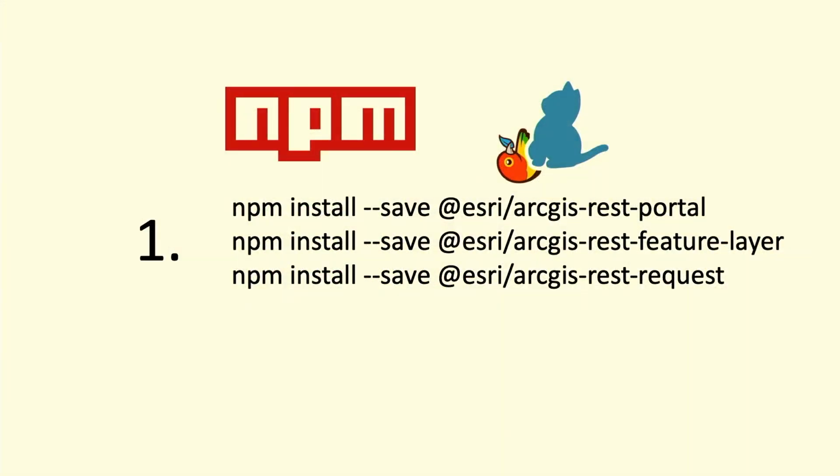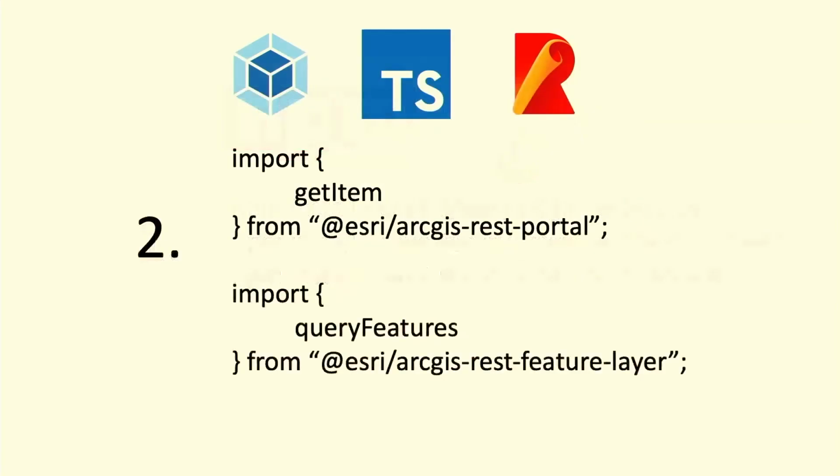Basically, you install the packages that you need, and don't install the packages you don't need. For example, if you don't need geocoding, you don't install those. And then you import the functions that you need from those packages.